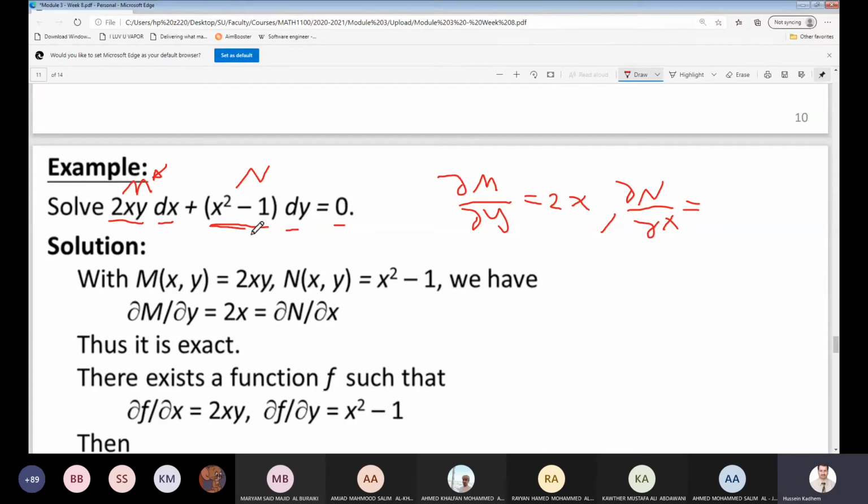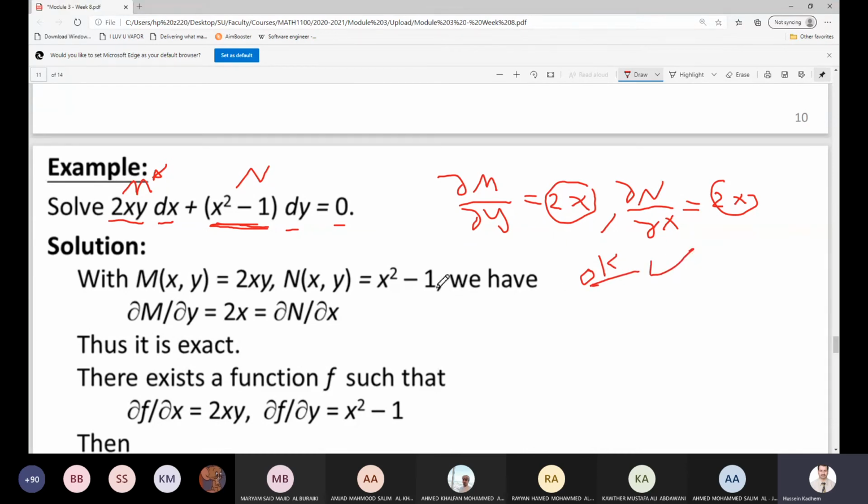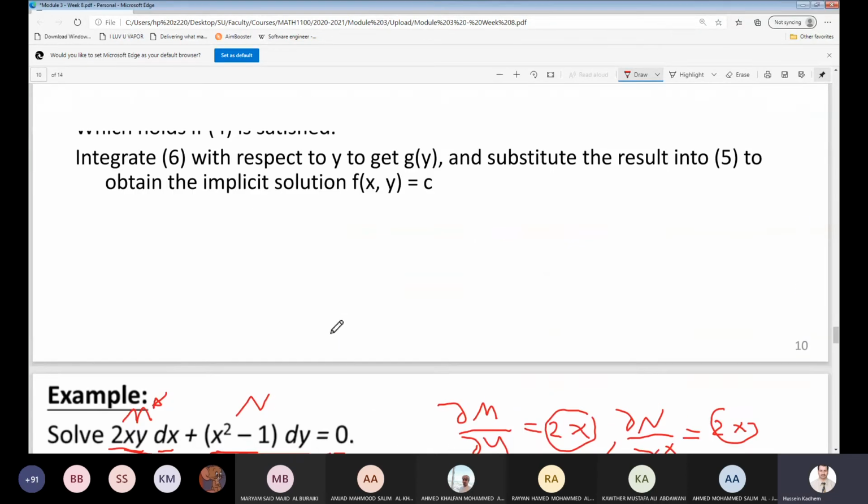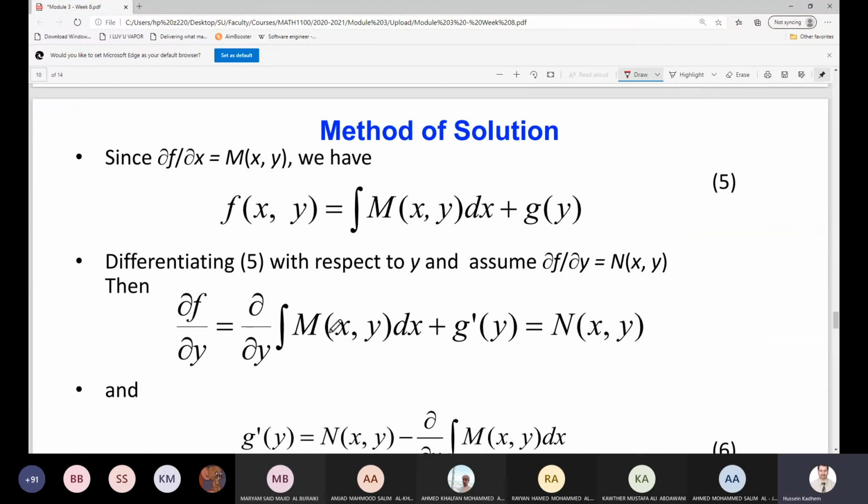Now, if I come here, this is N. When I differentiate it, x squared will be 2x. 2x. Minus 1 will be 0. So just a minute. 2x here, 2x here, they are equal. So I say, okay, this is exact. Done. Now, until now, I know that my equation is exact. I satisfy the condition, then I solve. By the way, I will just pick the method of solution, then I will apply it.